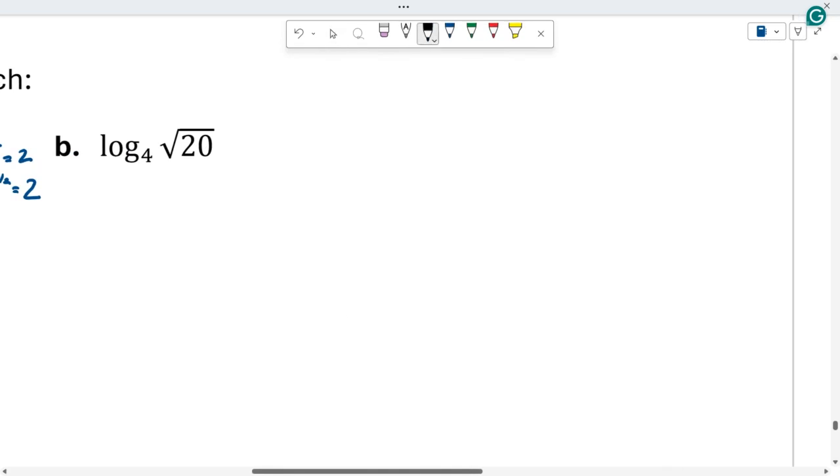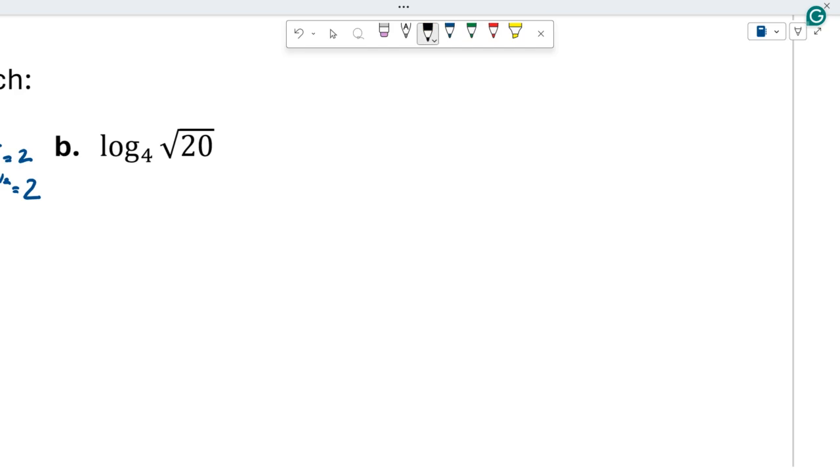All right, B. For B, we want the log base 4 of the square root of 20. I'm actually noticing that we could simplify the square root, but I'm not going to go that route.